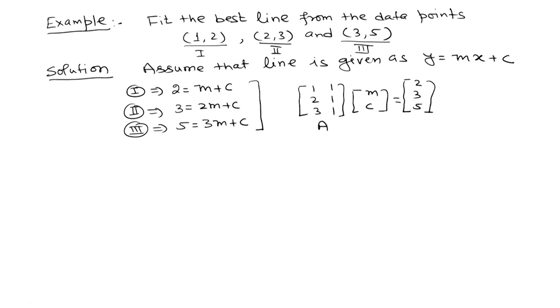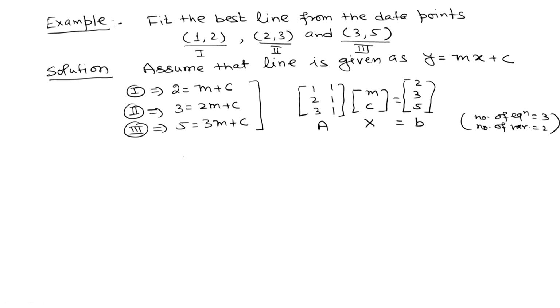So, this is my matrix A, this is X, this is B. So, it is a linear system which is over determined because I am having 3 equations and my unknowns are 2, means to fit the line I have to find out the value of m and c. So, here the number of equations is 3 and the number of variables is 2. So, it is an over determined system.